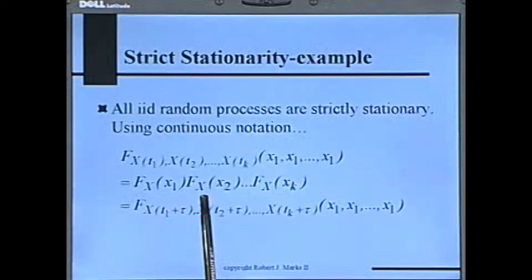And this is also equal to the marginals shifted. Because if it's IID, these are going to be exactly the same as the density functions or the distribution functions corresponding to a shift, since every random variable sample has the same distribution. So an IID random process is stationary in the strict sense.